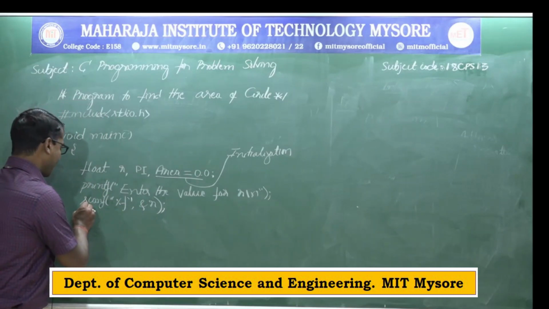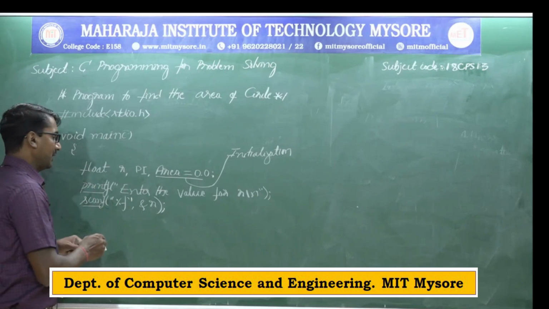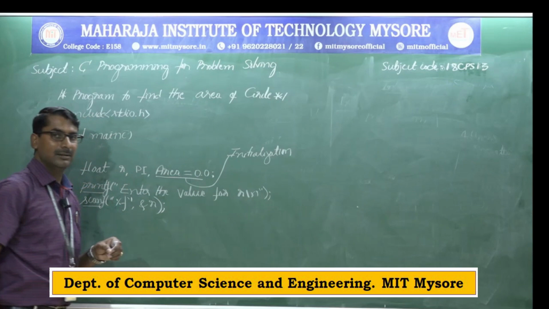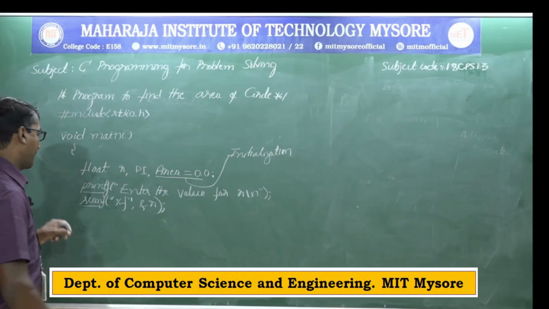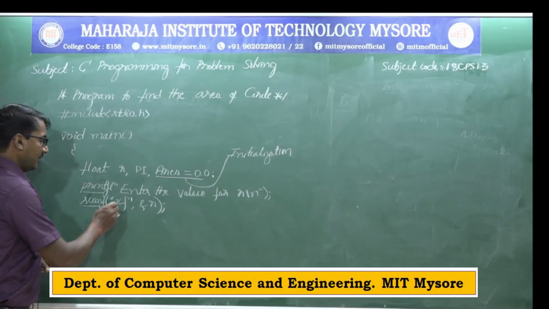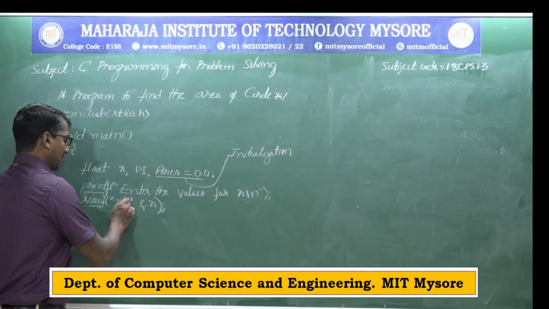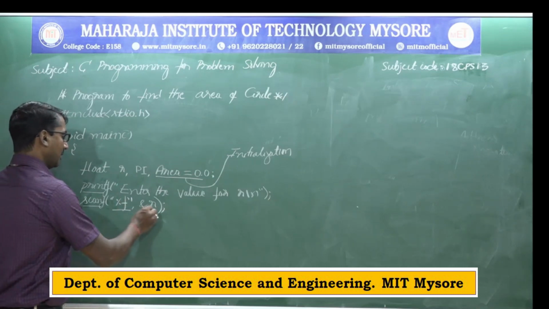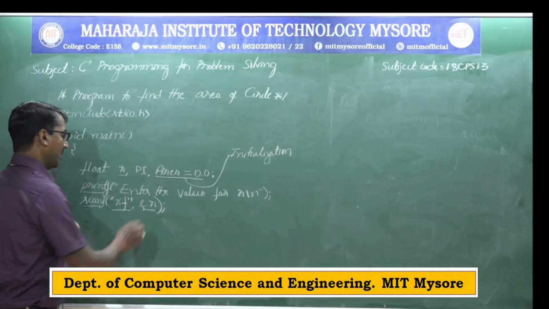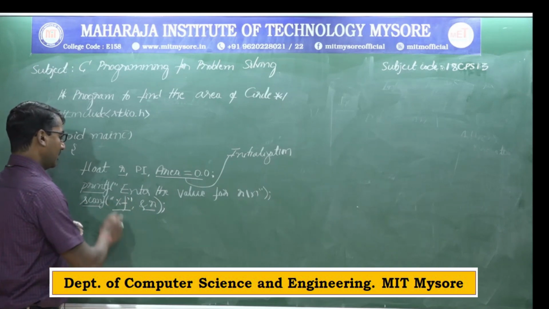So scanf is the input function and printf is the output function. The printf function displays the statement enter the value for r on the computer monitor. Okay, this function reads the value. You observe here I have specified %f because the variable r is of type float. So that's why I specified %f.